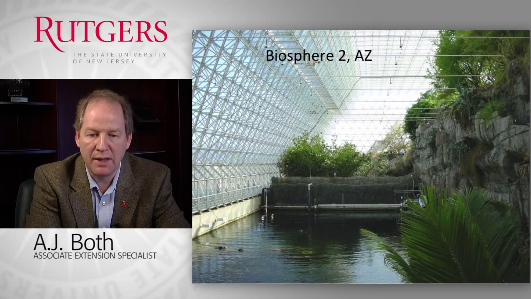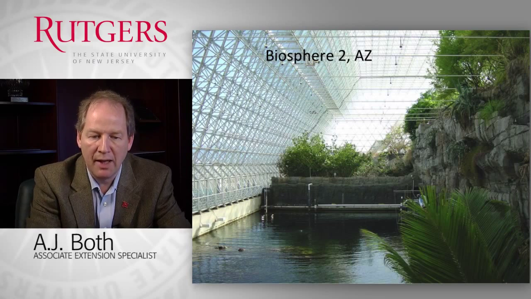So they have areas in this greenhouse facility that mimic tropical environments or more temperate environments, or in this case an ocean environment as is shown in this picture, to try to simulate the interaction of all these different environments as it is occurring on our planet.